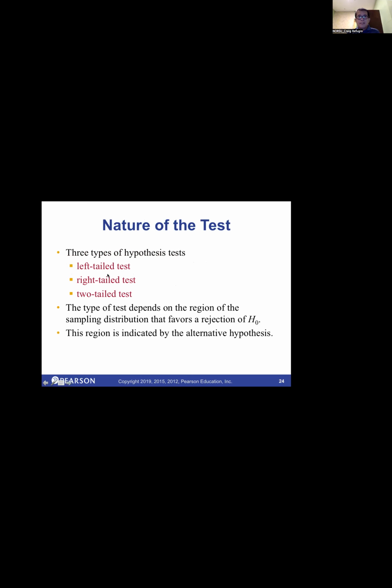So when can we decide whether it is a left-tailed, right-tailed, or two-tailed test? That is based on the alternative hypothesis. I repeat for emphasis: our basis is the alternative hypothesis.